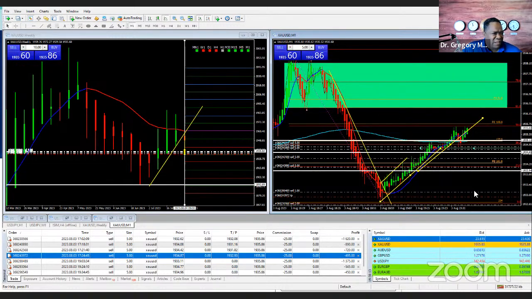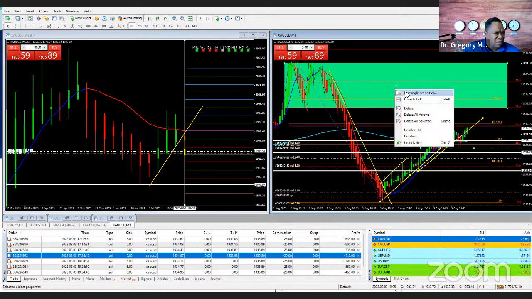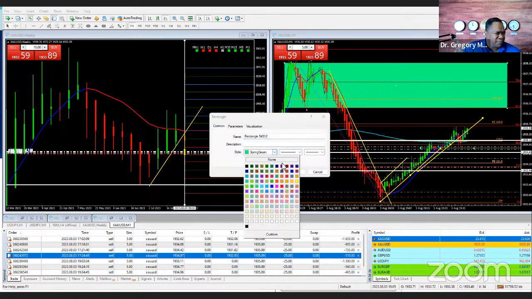1935-75, retesting the 50% retracement. Again, we have a supply zone. Actually, I made it green, but really it should be red, right?